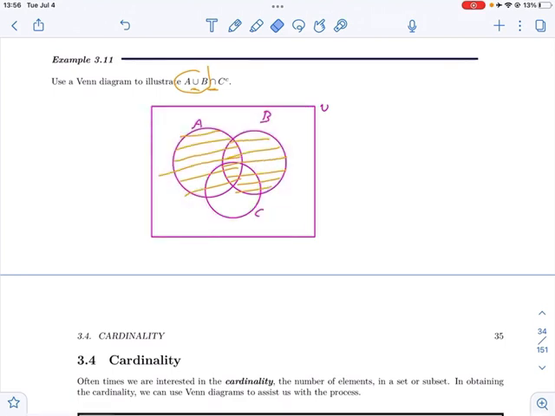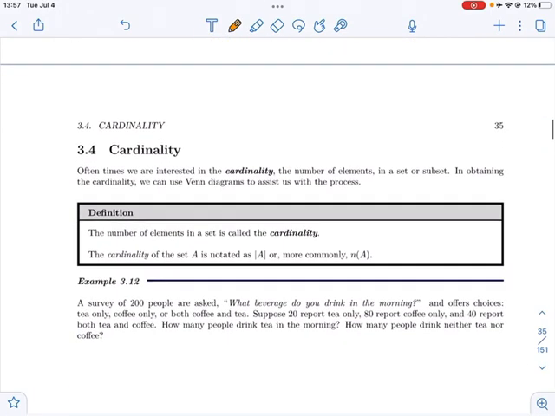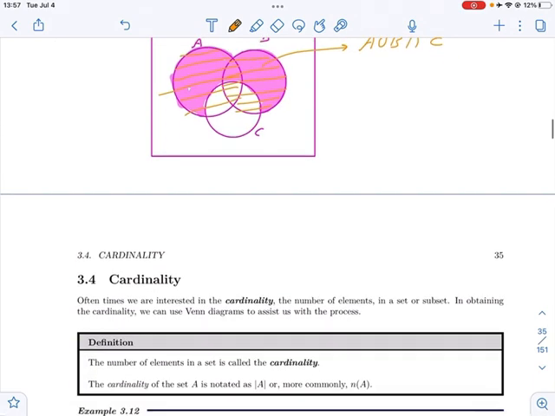It will be everything inside the union but not in C. So this shaded region represents (A union B) intersect C complement. As you can see, Venn diagrams are very powerful.